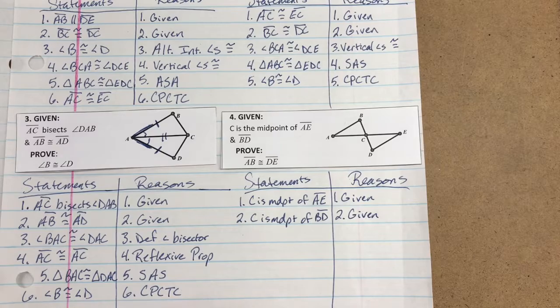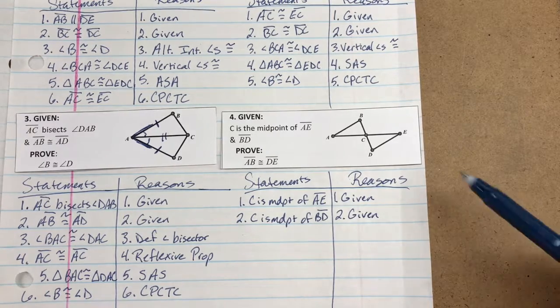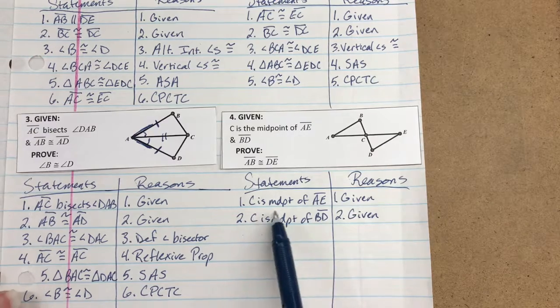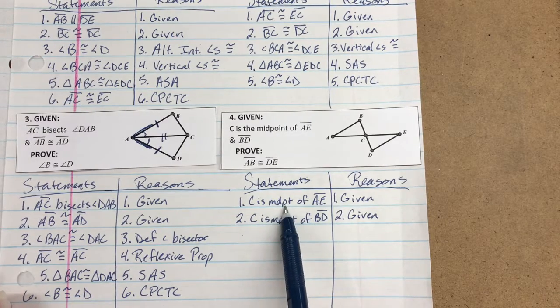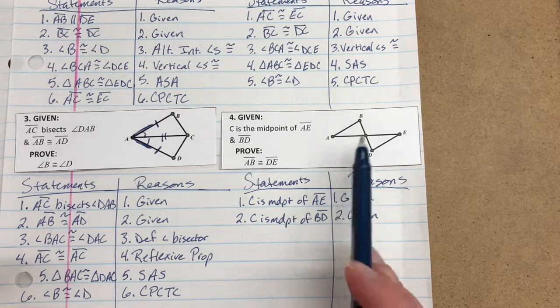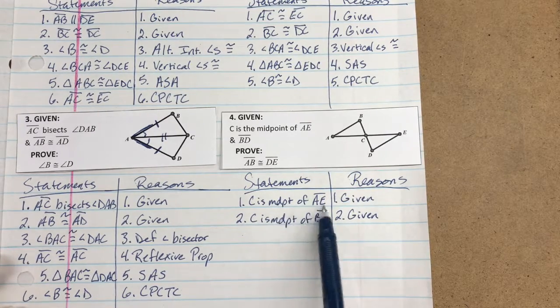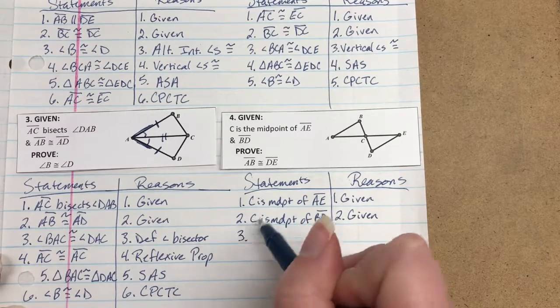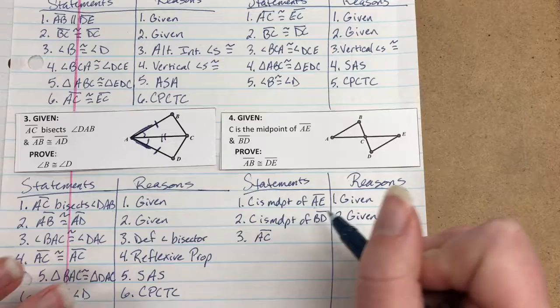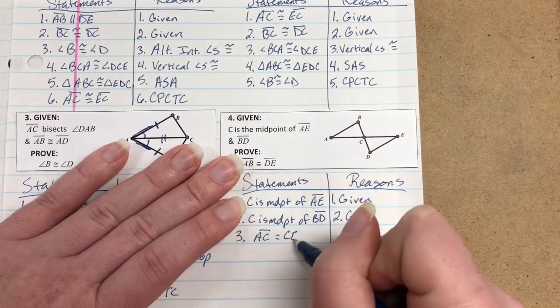All right, so I don't really have any notation that I can say here for C being the midpoint until I get into what does it mean to be a midpoint. So a midpoint means that it's in the middle. So that would cut the segment in half since it has to be in the middle. So since I know C is the midpoint of AE, I could say segment AC has to be congruent to segment CE.